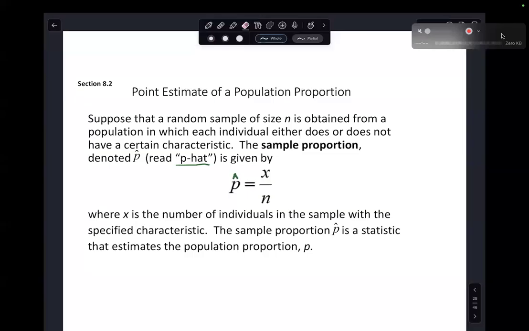We've done similar things before, but p hat is going to follow us. They call this a point estimate. If you're asked for the point estimate, they're looking for p hat. It's a statistic that estimates the proportion p.